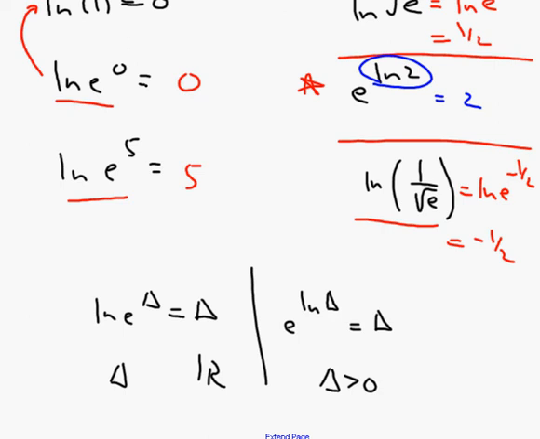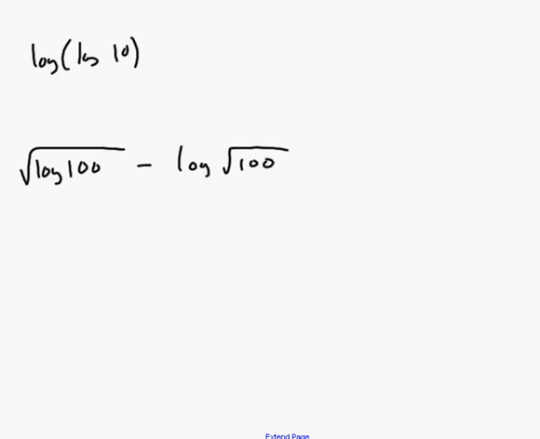So let's look at a few more. Some problems that are surprising that you can get the answers of. Let's take a look at this one. How about the log of log of 10? Or how about this? The square root of log 100 minus the log of square root 100. That's sort of an interesting question to think about the order of operations, right?